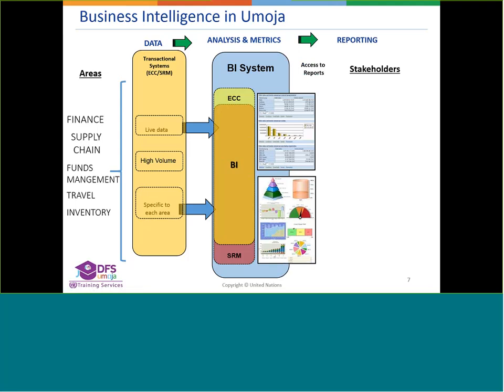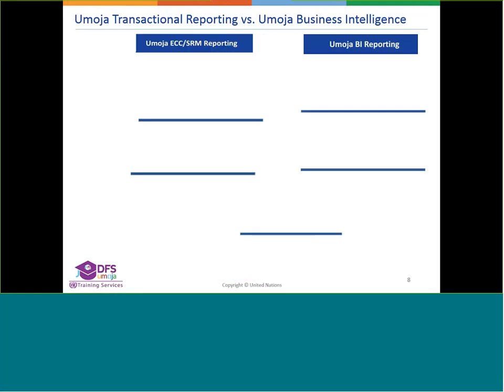Obviously, staff members from the UN, but many of these reports and the information are going to be analyzed or used by different stakeholders, like member states or the General Assembly, executive management, and obviously internal to the UN. So stakeholders, internal and external, and auditors as well. So a bit of the difference between the transactional reporting, which is ECC and SRM, and Umoja BI.